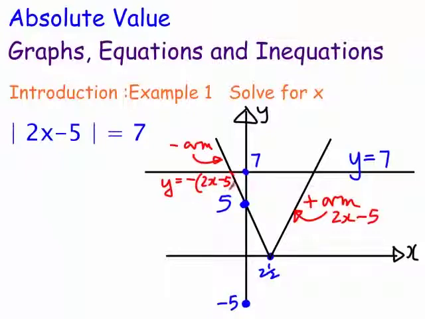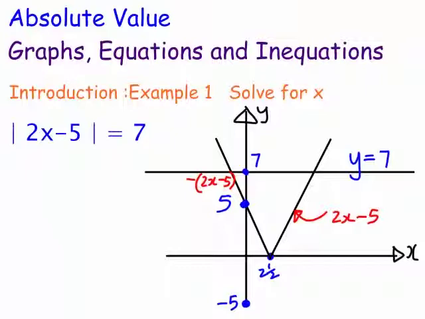Sometimes I just write that as negative of 2x minus 5, and sometimes I don't even worry about writing the arm. I just look at the graph and say the positive is 2x minus 5, and the negative part is the negative of 2x minus 5.